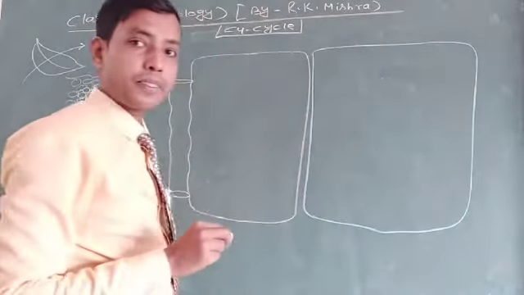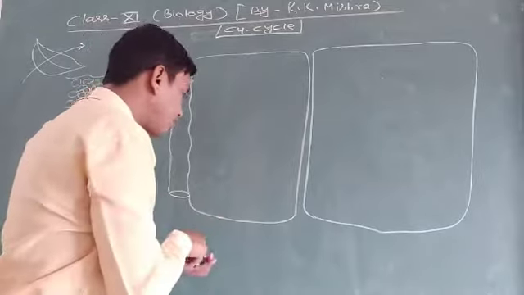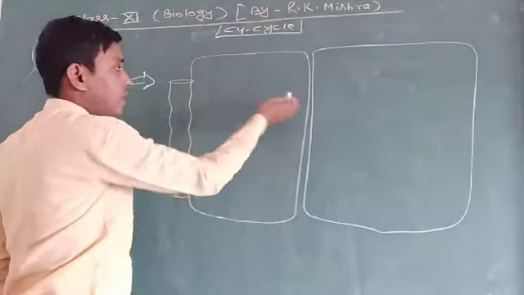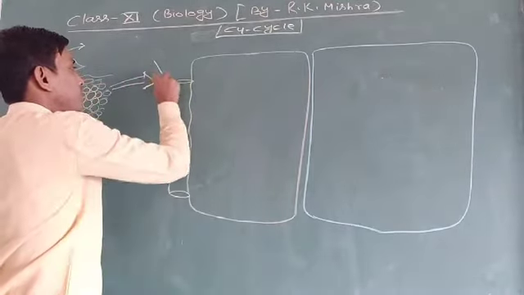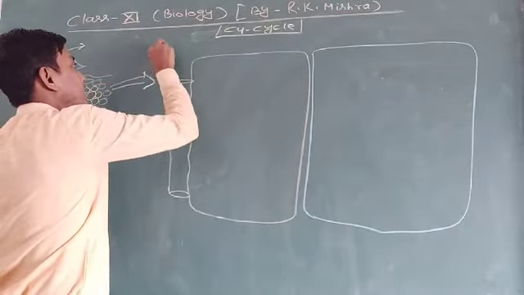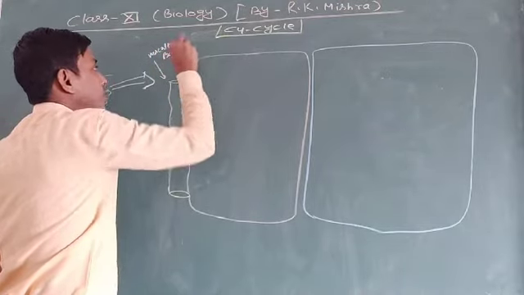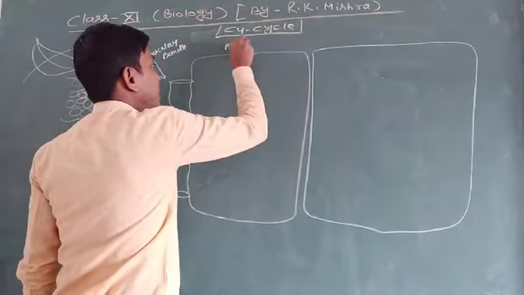Listen carefully. So let me define the overall part of the plant. This is the vascular bundle. This is the mesophyll cell.